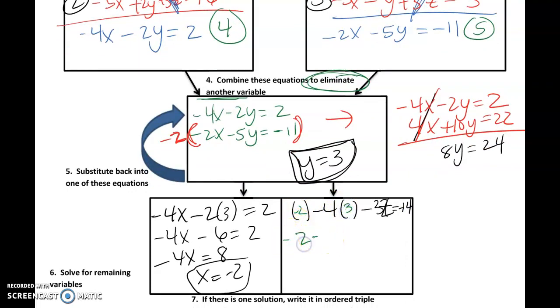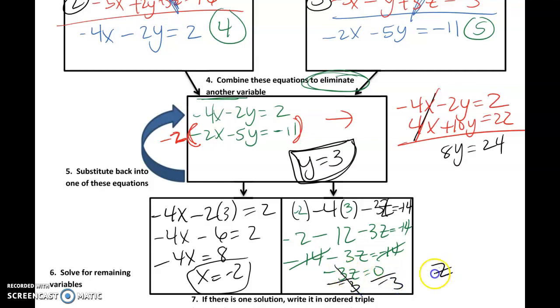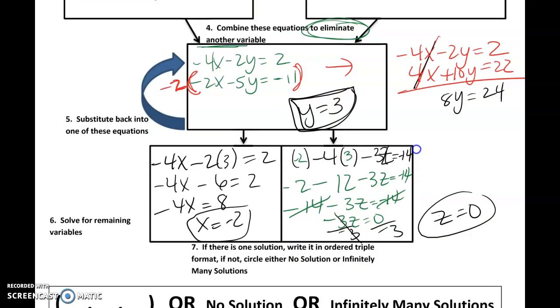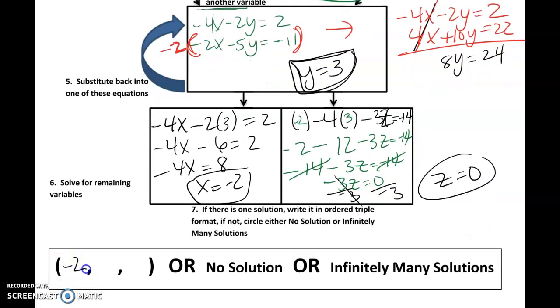Let's see, -2 minus 12 minus 3z equals -14. -14 minus 3z equals -14. If I add 14 to the other side, I'm going to get -3z equals 0, and I can divide by 3, not by 0, but I get z equals 0. So my answer is -2, 3, and 0.